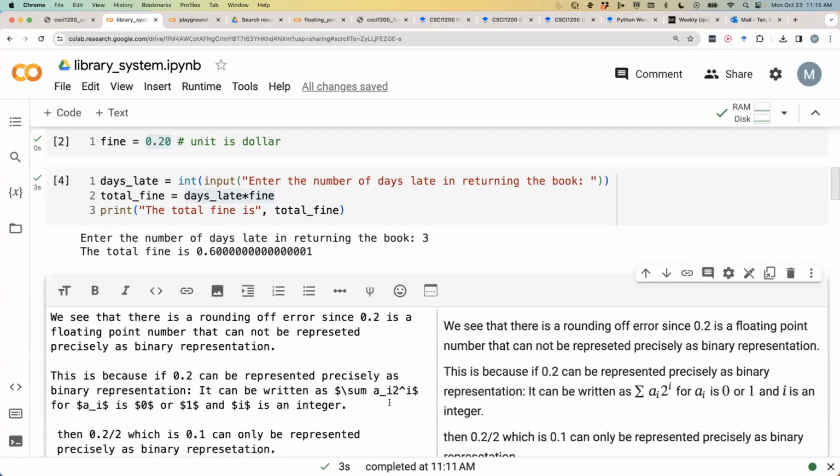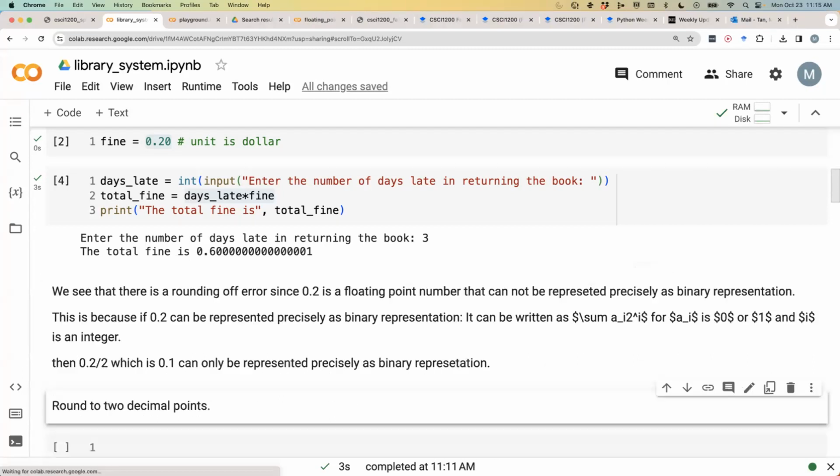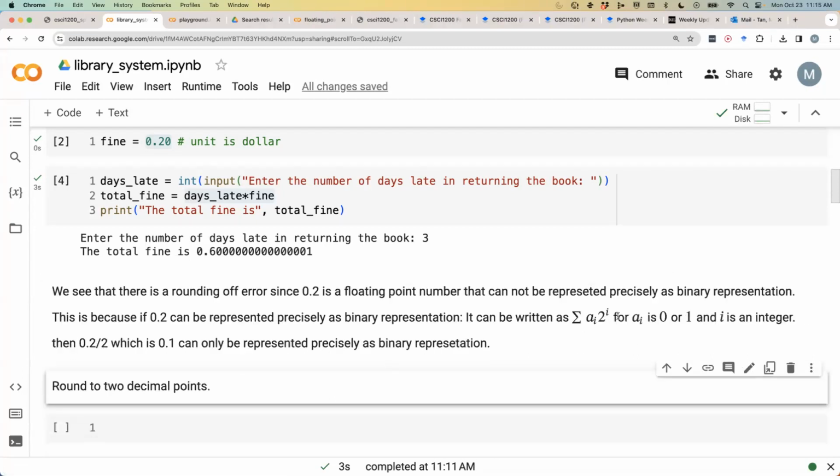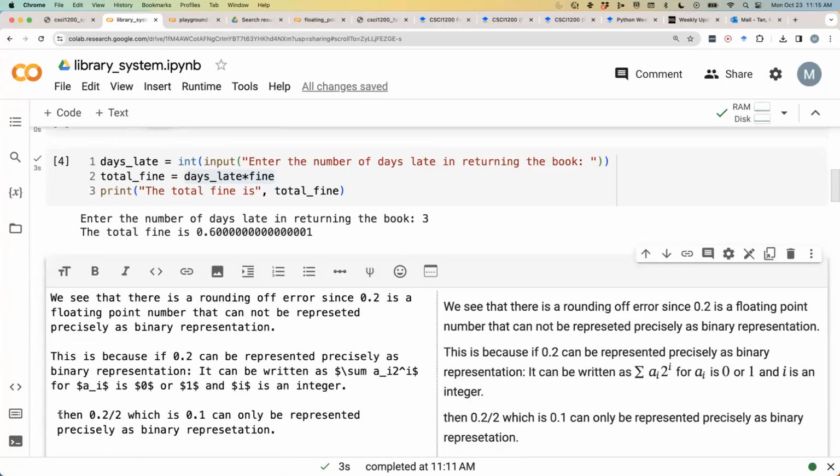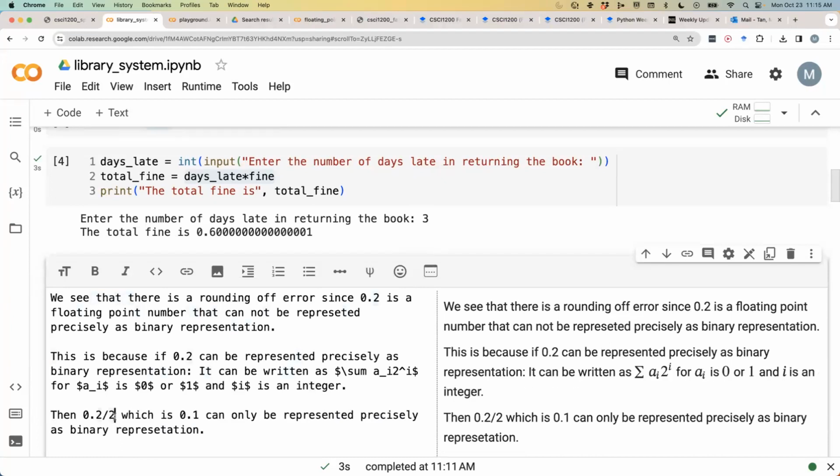Now, if it can be written in this form, and if I divide by 2, I will get a similar representation. Then 0.2 divided by 2, which is 0.1, can also be represented precisely as a binary representation in this form as well.